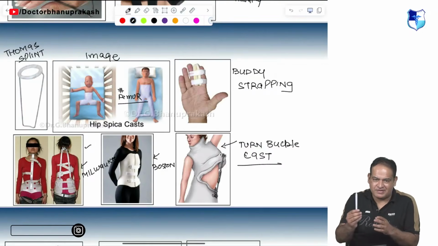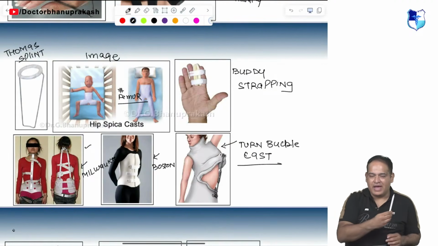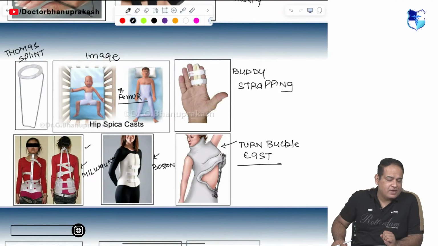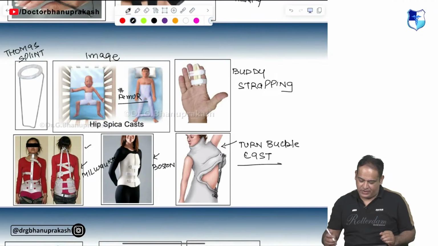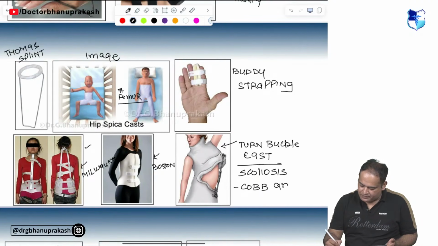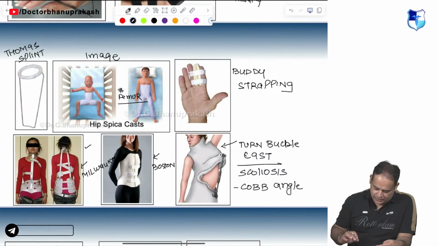So, cast is something covering 360 degrees, and splint has less than 360 degree coverage. This is used for scoliosis, and in scoliosis, remember the angle name, Cobb angle, right?